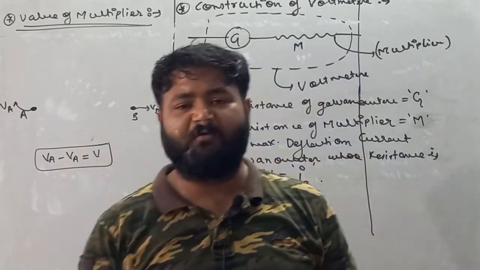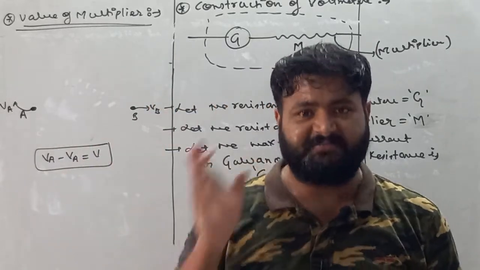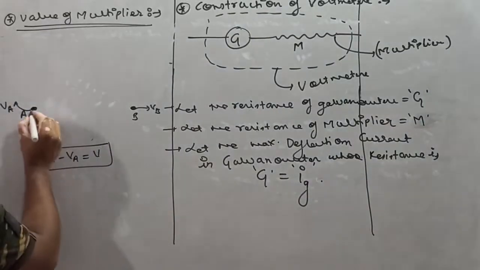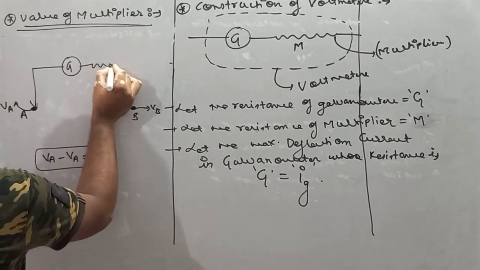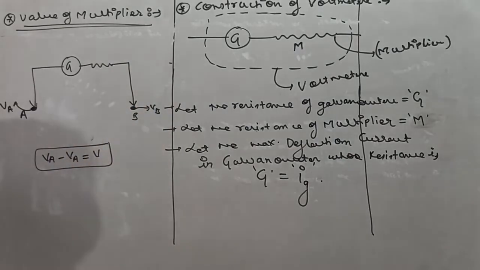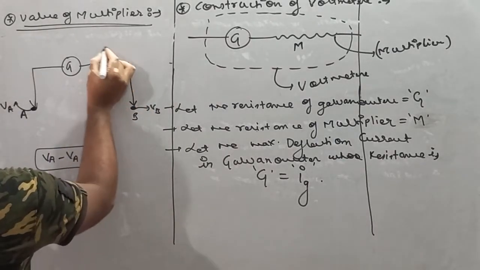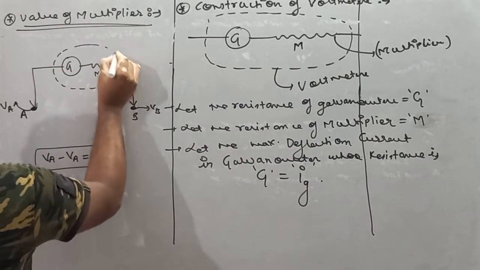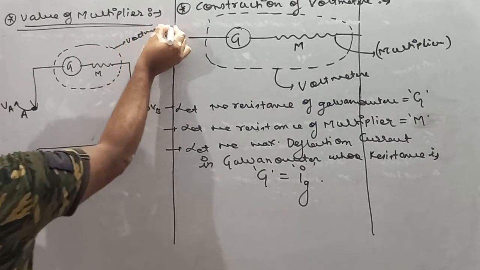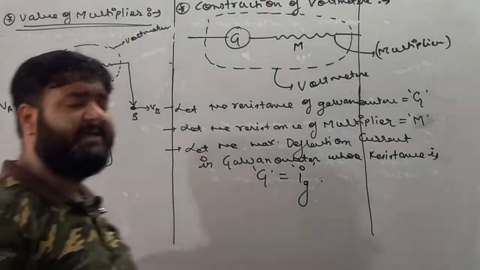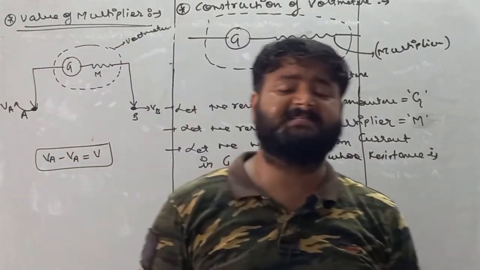We know that voltmeter is nothing but combination of galvanometer and a high value resistor whose resistance is M.